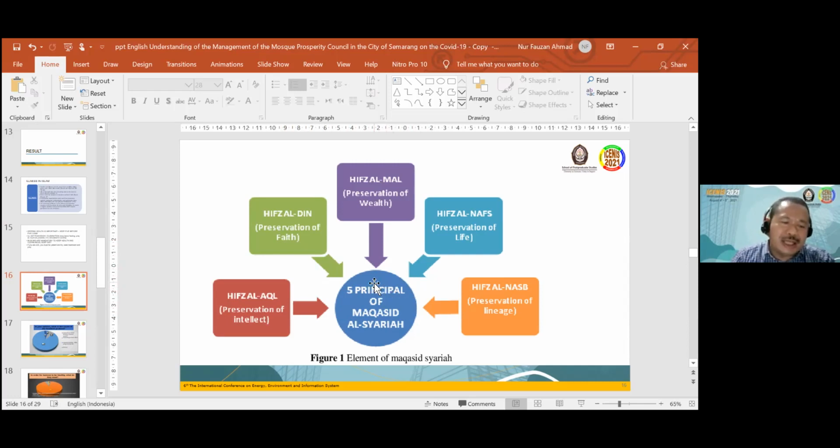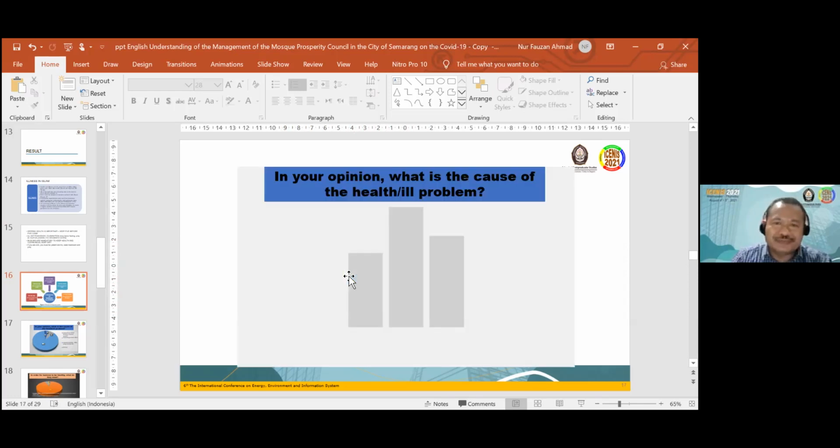Maqasid Sharia is the goal to be achieved by Sharia so that human benefit can be realized. In general, maqasid Sharia is the purpose, or the good or benefit, for mankind. This goal is in line with the purpose of God's law, namely goodness.